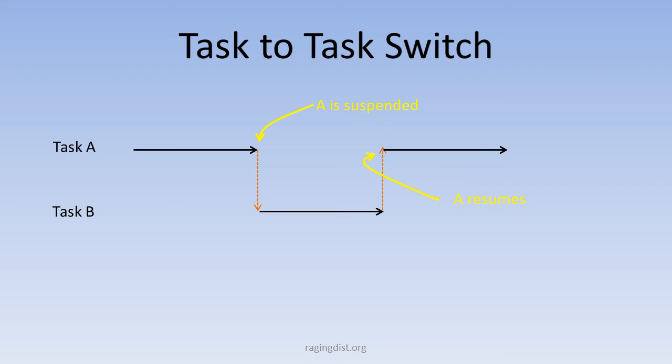So in a computer, let's say you're downloading something from the internet, at the same time you're copying a file to a USB drive, at the same time you're watching a presentation on YouTube and listening to the audio, the CPU is switching between all of these tasks very rapidly to give the illusion that it's doing these things in parallel.